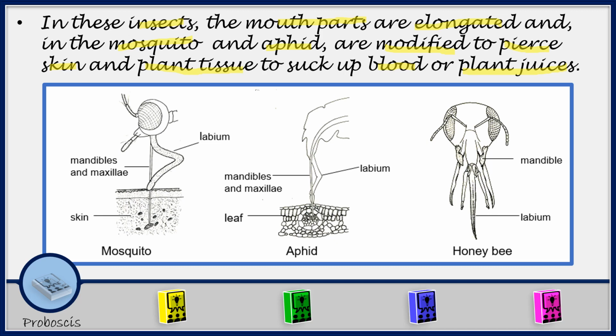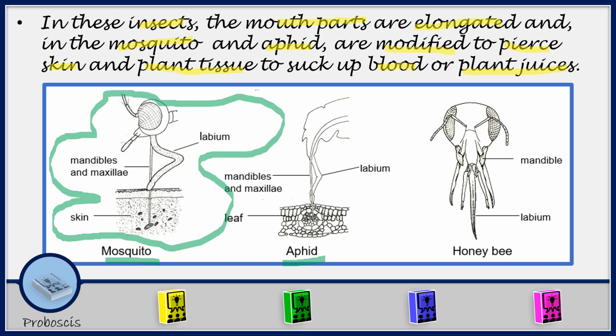So now we have other types of insects that are modified in different ways. We have the mosquito, and we also have the aphid here. These ones are modified to pierce. The mosquito is modified to pierce the skin.